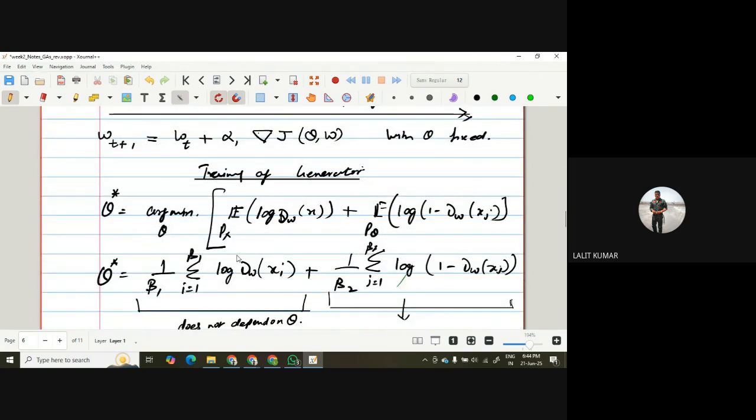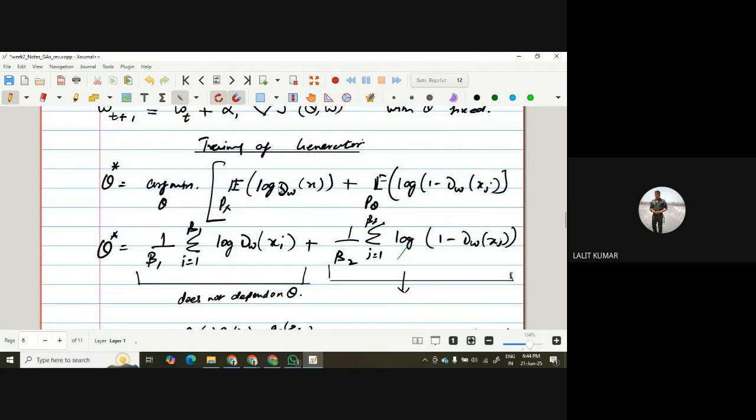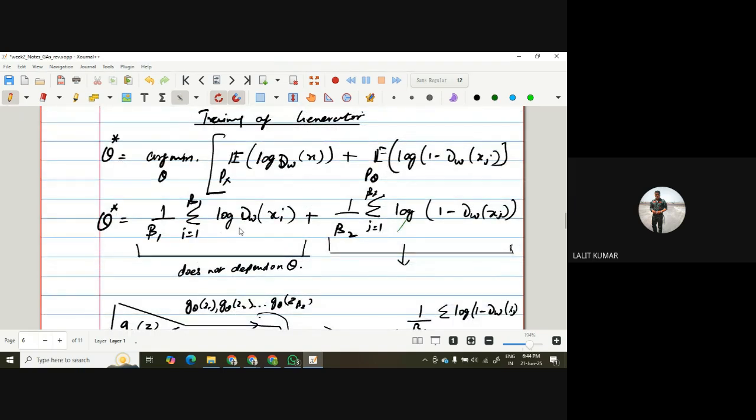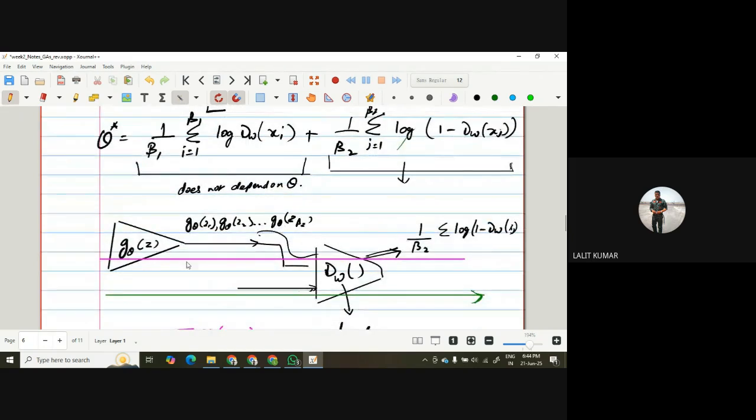Now for the training of the generator, we minimize this total function with respect to theta. We find theta which minimizes this. So when we see the first part, log D_w(x_i), this does not affect theta star. So we do only the second part. We sample these generated data points, we pass them through the discriminator, and we get 1 by B2 of this.